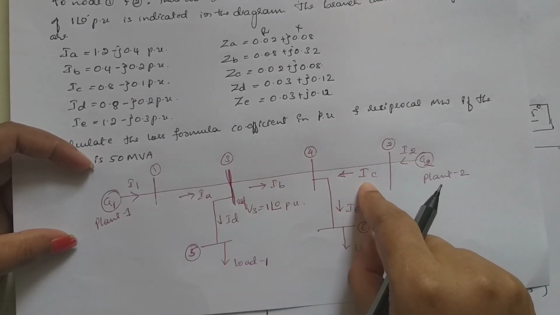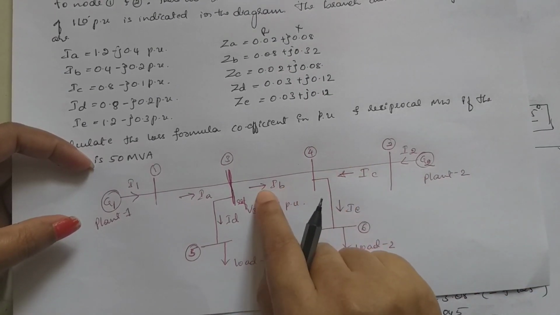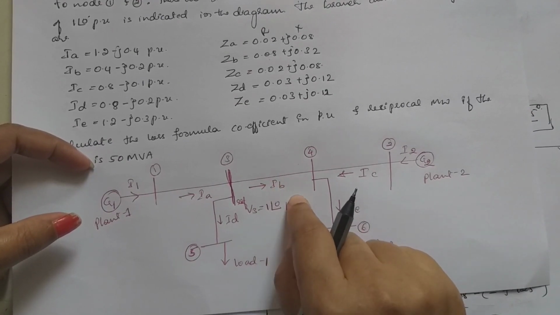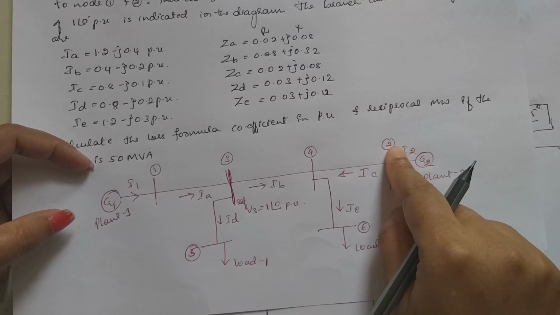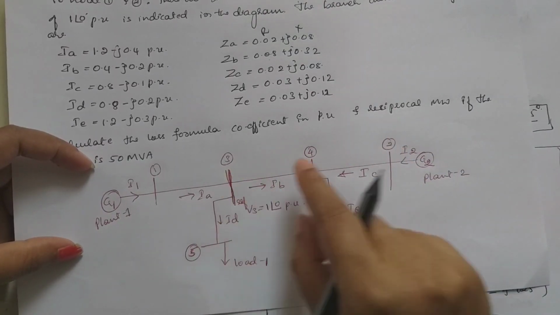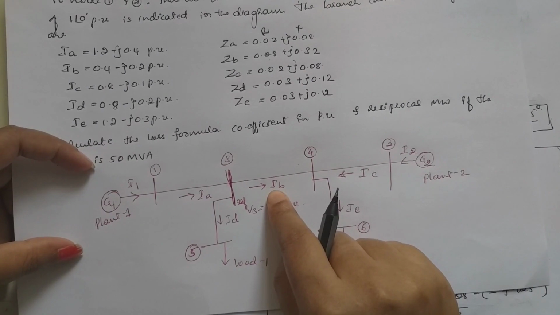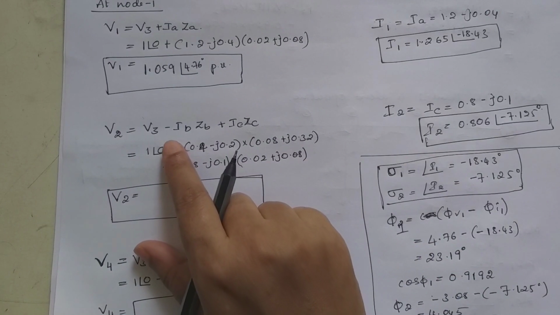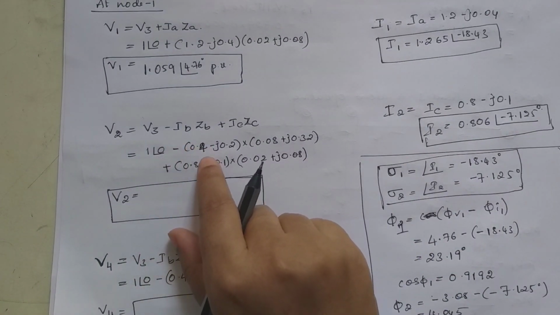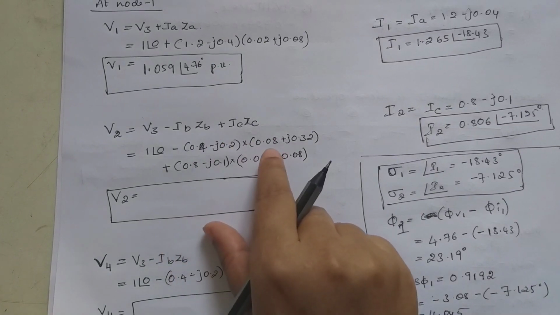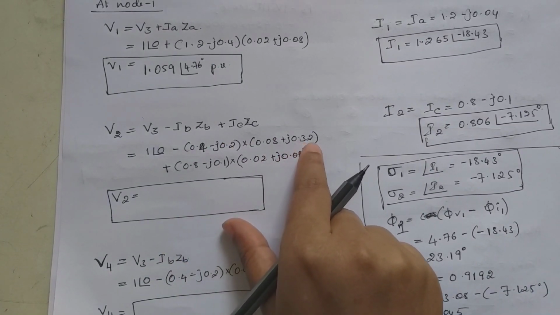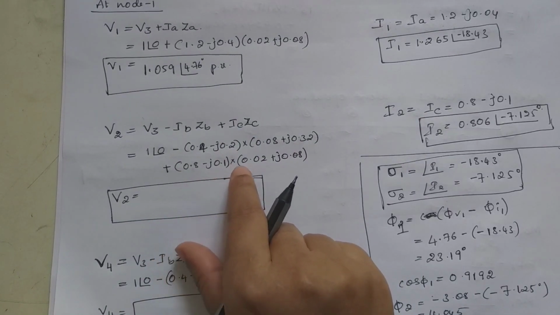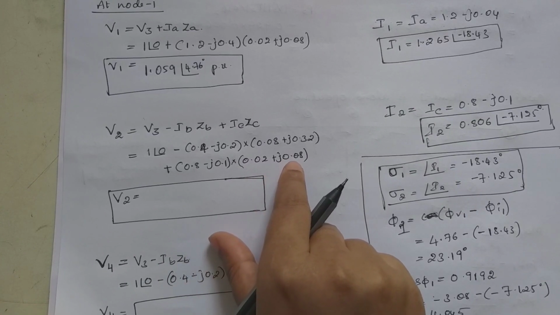Similarly, V2 can be calculated like this: V3 plus IC ZC, and here the current direction is opposite to IC, so minus IB ZB. I repeat, V2 is equal to V3 plus IC ZC minus IB ZB. Substituting everything: V3 is 1 at an angle 0, IB is 0.4 minus J 0.2, ZB is 0.08 plus J 0.32, plus IC 0.8 minus J 0.1 into 0.02 plus J 0.08.